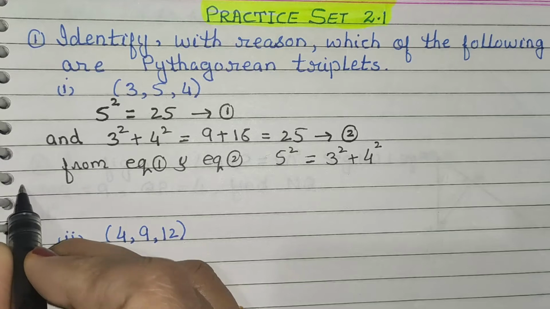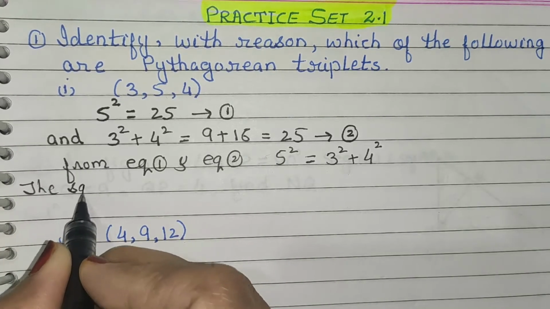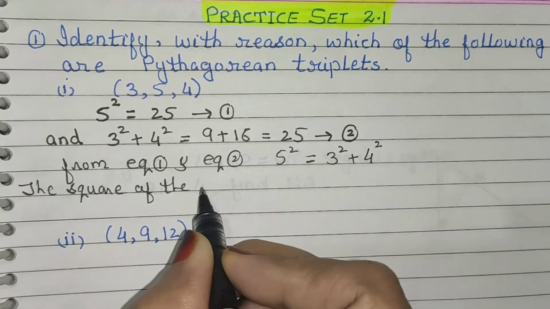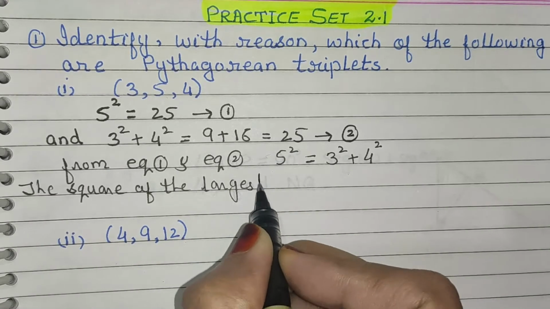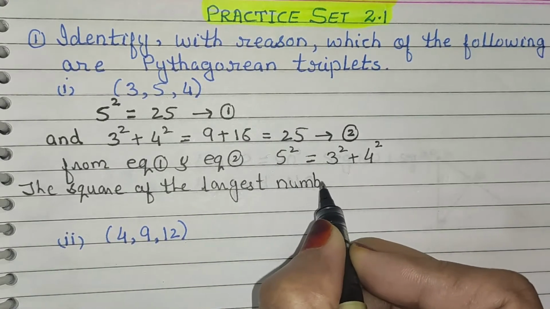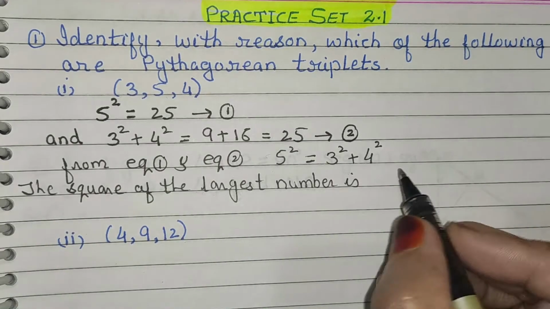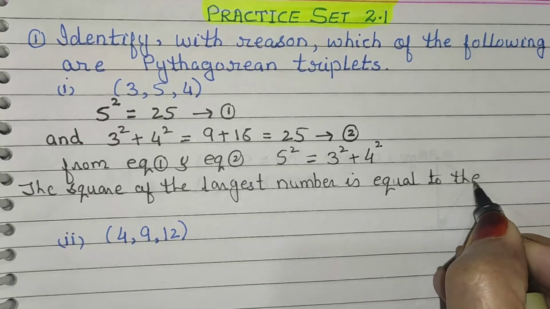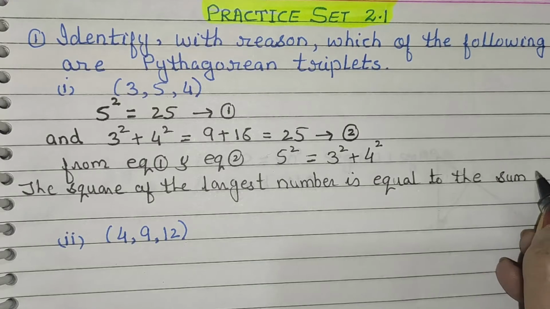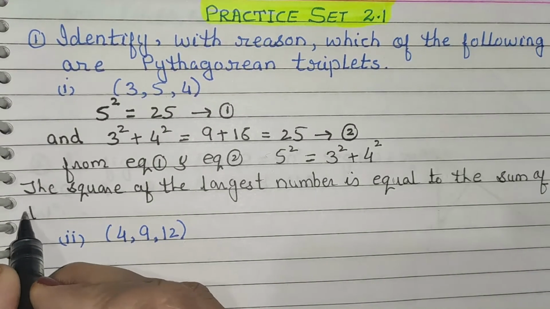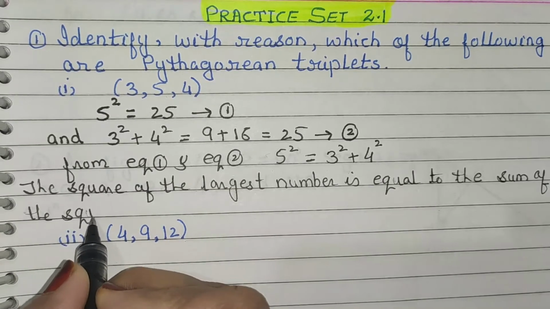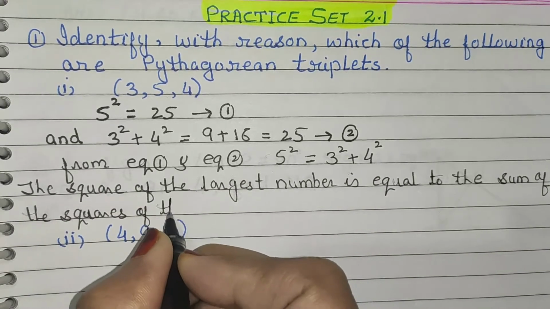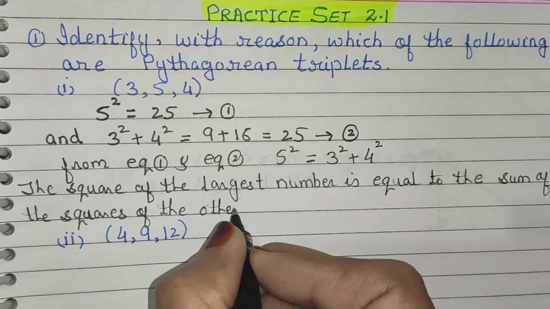Write down here: the square of the largest number is equal to the sum of the squares of the other two numbers.